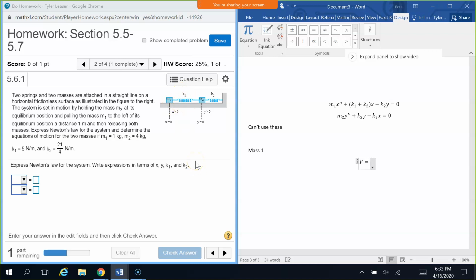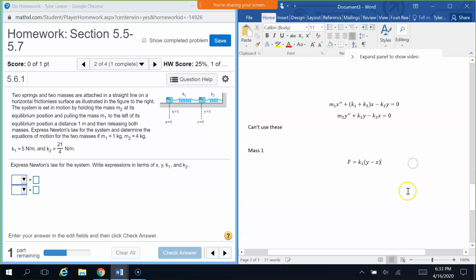So the force that's acting on mass 1 is going to be a positive K1, and we have to be careful about the x value because it's really going to be the difference between the two. So the difference between the y and the x value. The difference between the y and the x value you can think of as how stretched or compressed the K1 spring is. All right, so that's the only thing acting on mass 1.